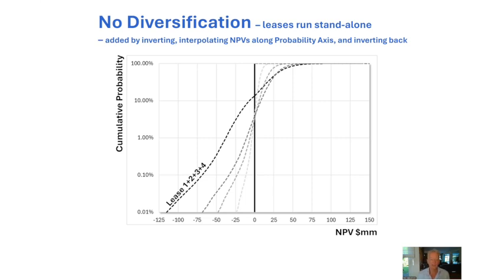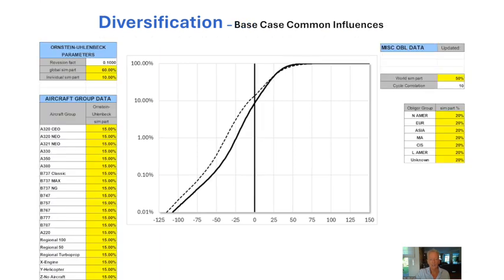I have to interpolate in the cumulative probability axis and then invert back, and then I can generate this chart of the 4 leases run individually and then aggregate. So look at this dotted black line now and compare that. This is the line. Compare this to what happens if I run as a portfolio with the base case common influences.